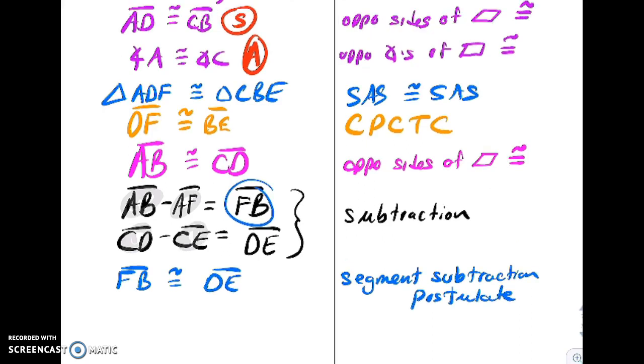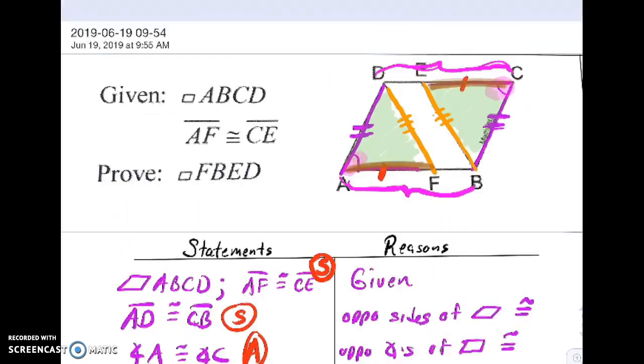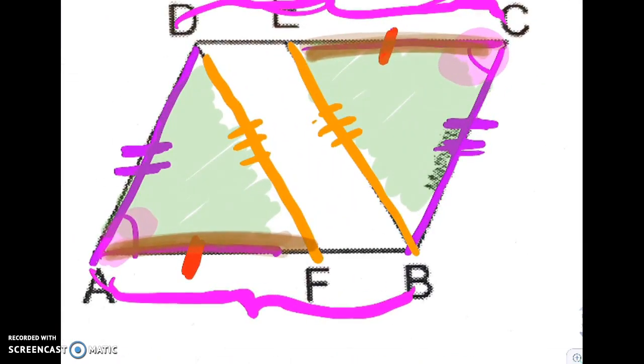Now that I have FB congruent to DE, that is my other pair of congruent sides in a parallelogram. So now I have a parallelogram because I have two pairs of congruent sides.